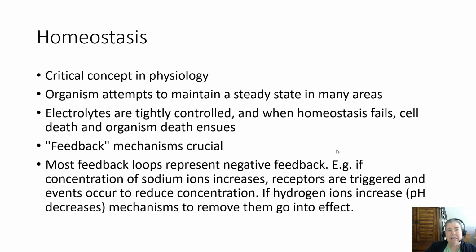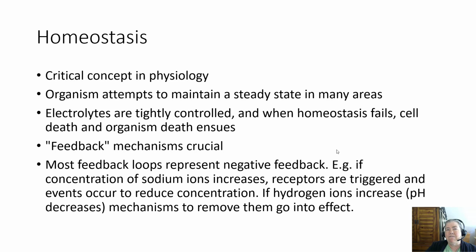One of those things is electrolyte concentrations. Electrolytes, sodium and potassium and chloride and bicarb and other circulating ions, their concentrations are tightly controlled. Calcium, for instance, all of these things tightly controlled.